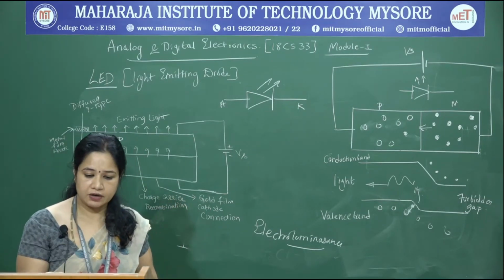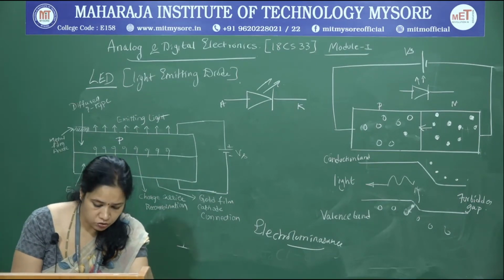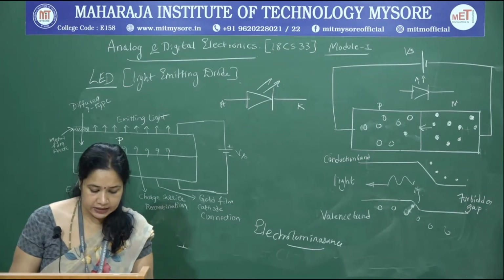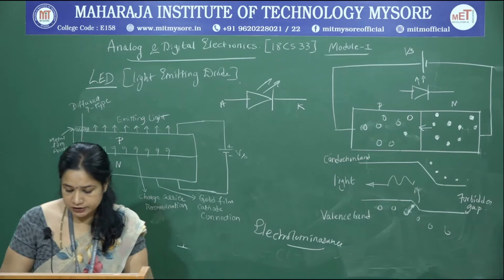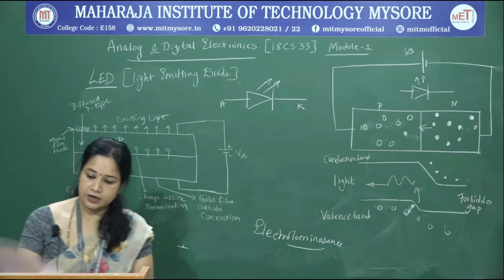And where exactly are light emitting diodes used? Where do you find the applications of light emitting diodes? You are aware light emitting diodes are used mainly in displays. If you want to display the status of any signal, we make use of light emitting diodes.